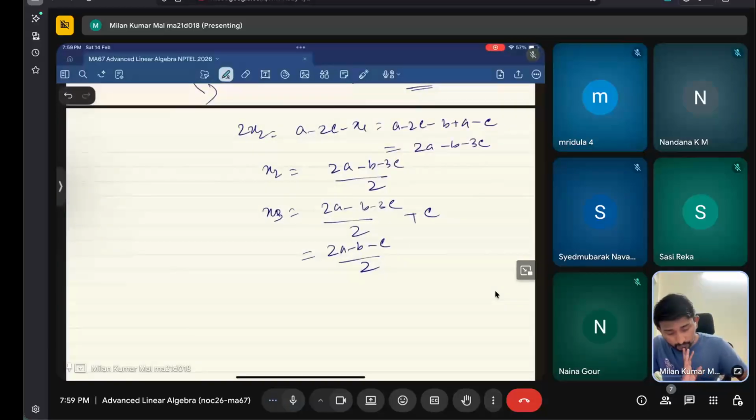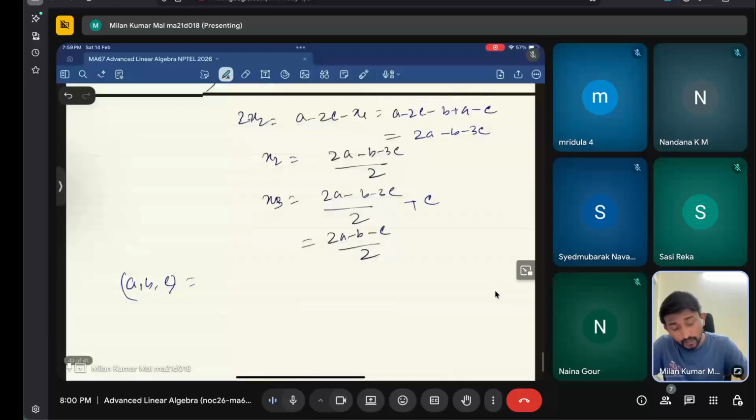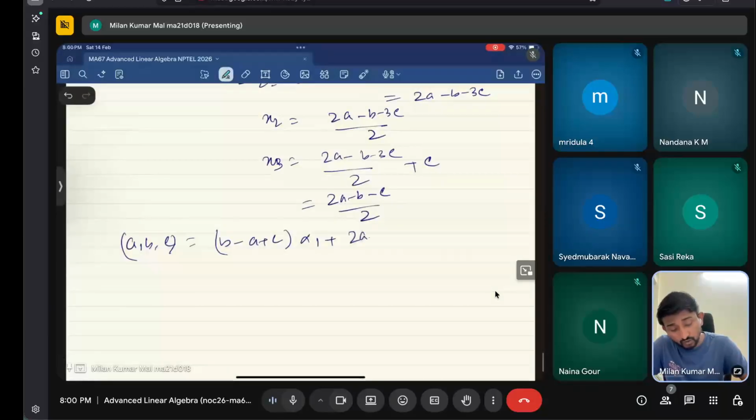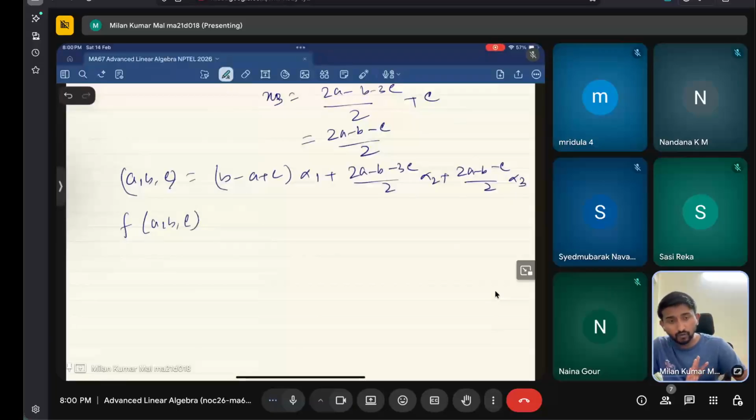So (a, b, c) looks like this. Basically, (a, b, c) is equal to x1, which is (b minus a plus c), times alpha 1, plus x2, which is (2a minus b minus 3c) by 2, times alpha 2, plus (2a minus b minus c) by 2, that is alpha 3. So now at the point (a, b, c), f_i is b minus a plus c.